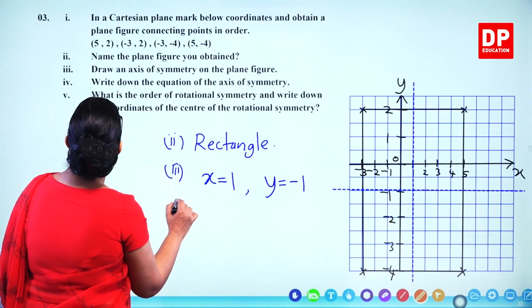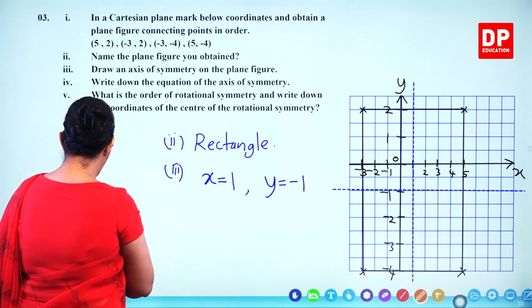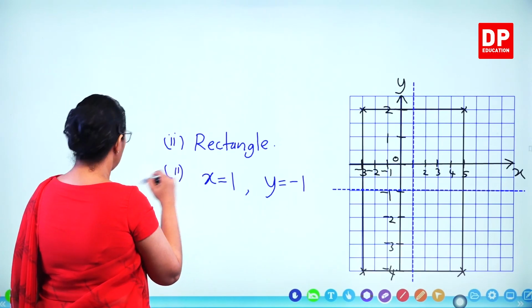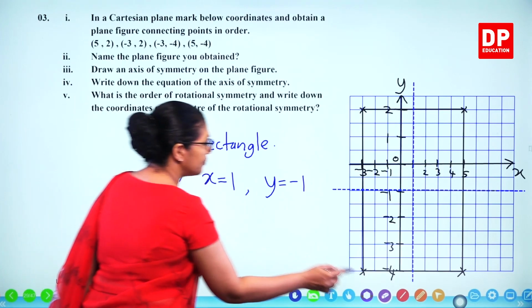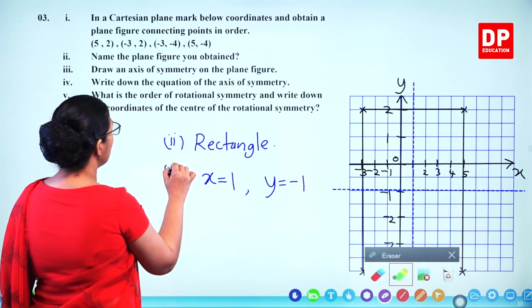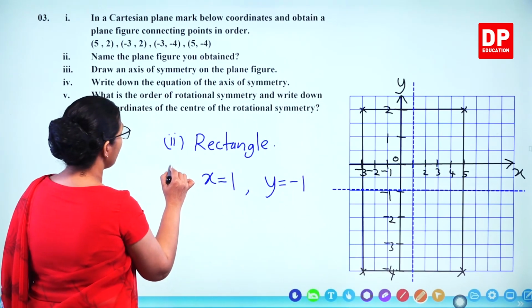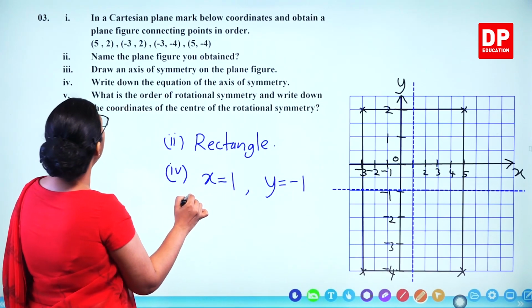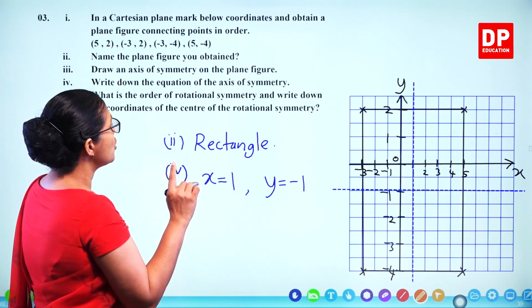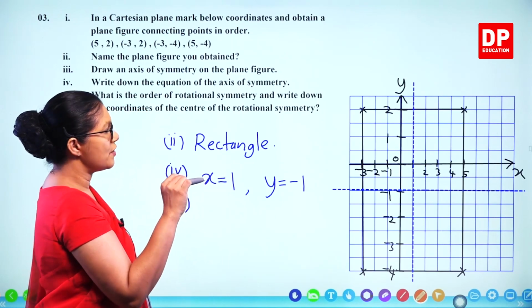This is part 4. And part 5. What is the order of rotational symmetry, and write down the coordinates of the center of the rotational symmetry.